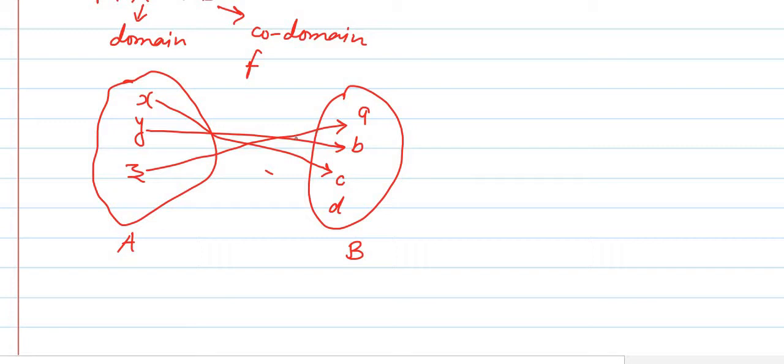Then here we observe that F is a relation from set A to set B such that each and every element of set A is related with a unique element of set B. x is related with a unique element of set B, y is related with a unique element of set B, and z is related with a unique element of set B. So therefore F is a mapping from set A to set B.